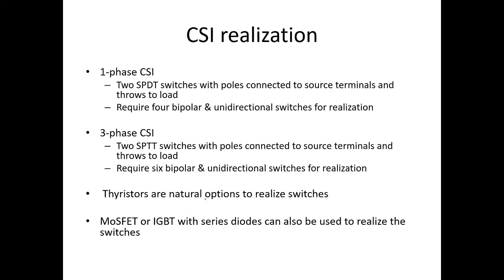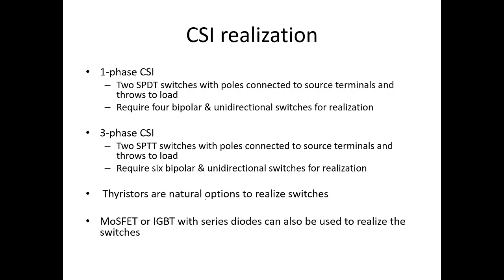Now let us summarize what we discussed about current source inverter realization. With respect to the single phase current source inverter, we have seen that we require 2 SPDT switches with poles connected to source terminals and throws connected to the load. In order to realize those 2 SPDTs, we require 4 bipolar unidirectional switches. Similarly, for the 3-phase current source inverter case, we require 2 single pole triple throw switches with poles connected to source terminals and throws connected to the load.